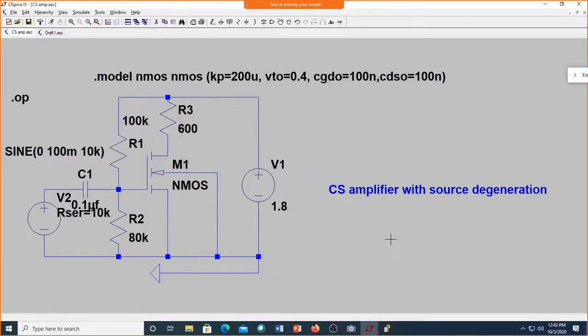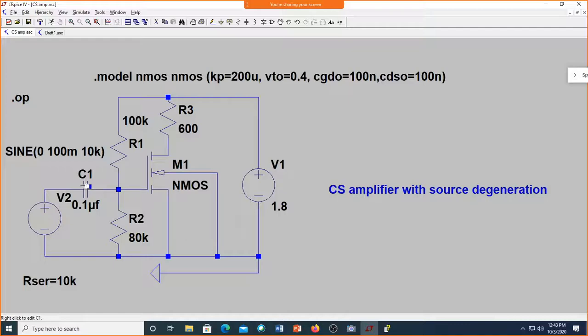It should be 0, but I'm taking a typical source, which is a very bad source, having a series resistance of 10k. You will not have any source with 10k. Let us see what happens. Have we introduced the parasitic also in the form of CGDO or CGSO? Yes, sir, we have.